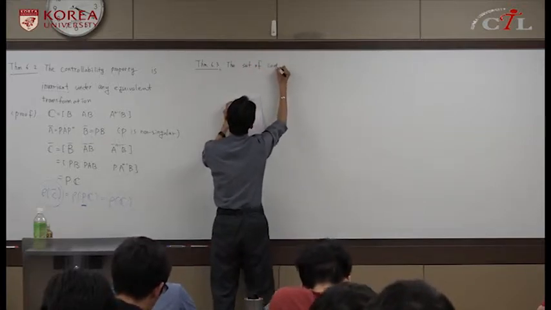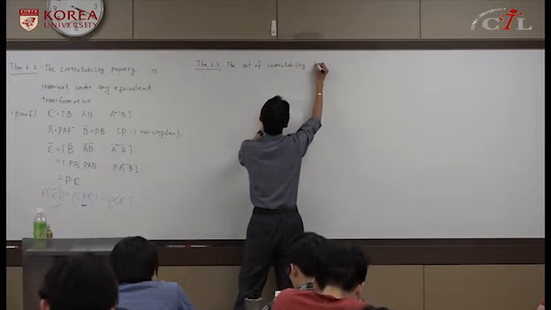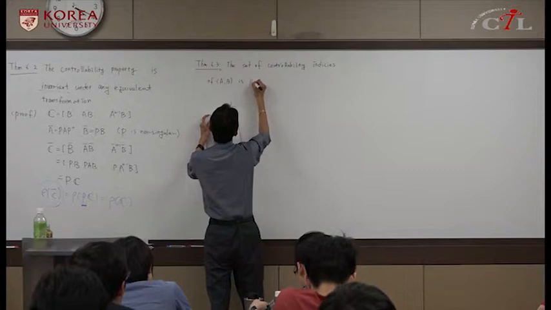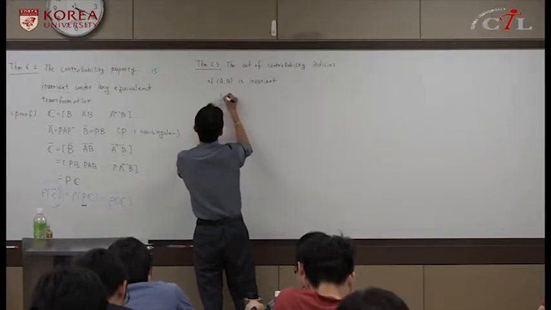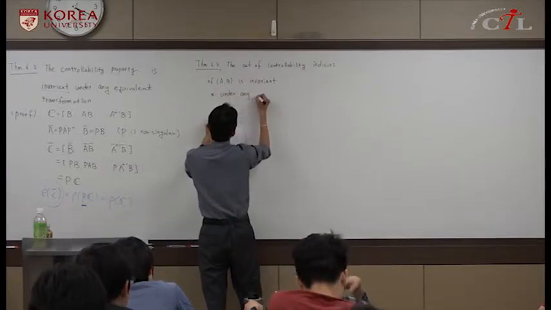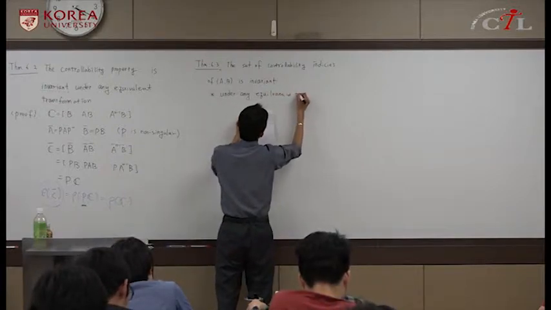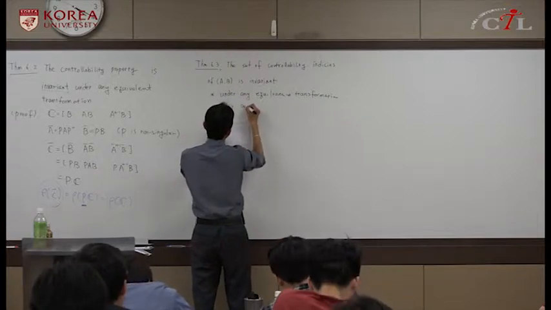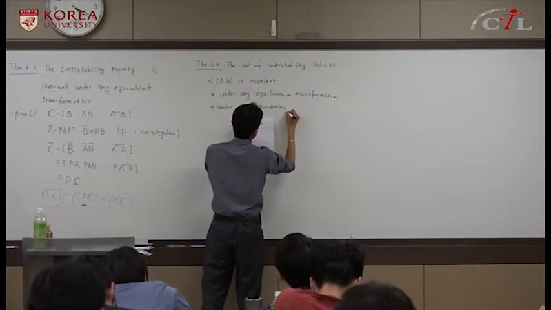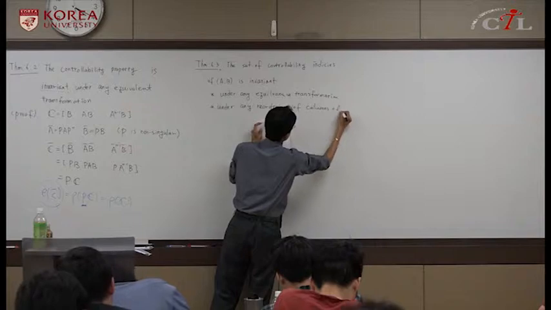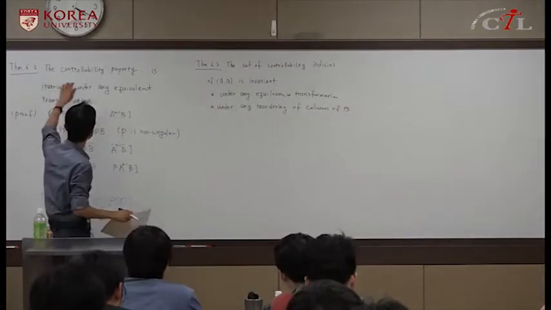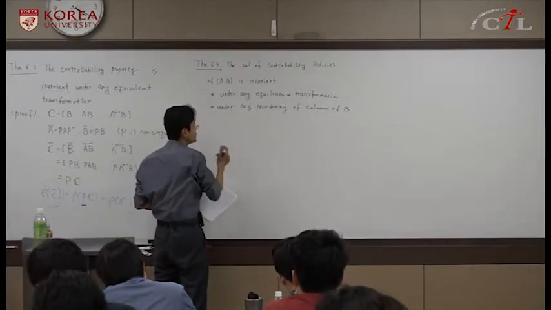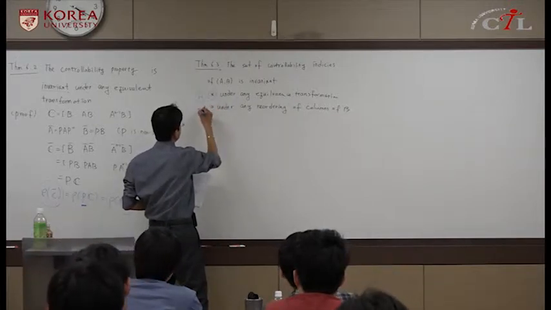The set of controllability indices of (A, B) is invariant under any equivalence transformation or under any reordering of the columns of B. Okay, not only the controllability property, but also the controllability indices are invariant under any equivalence transform and under any reordering of the columns of B. So first, let's start with the first proof of A.